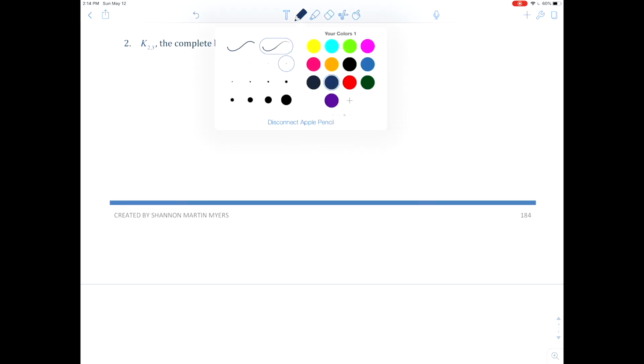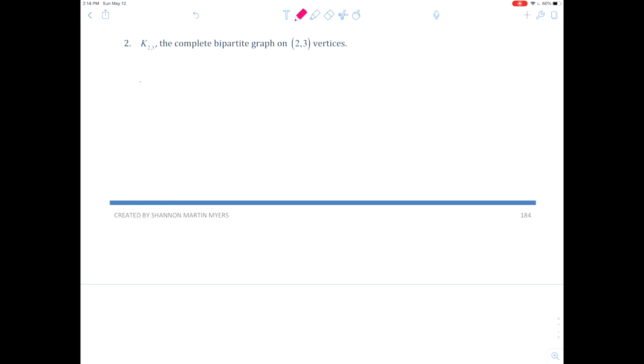I thought I'd bring this back a little bit just so that it would be a little bit of review from some of the earlier stuff in chapter 10. That means that there's 2 V vertices, and then we'll call them W, right? We can say that there's 3 W vertices.